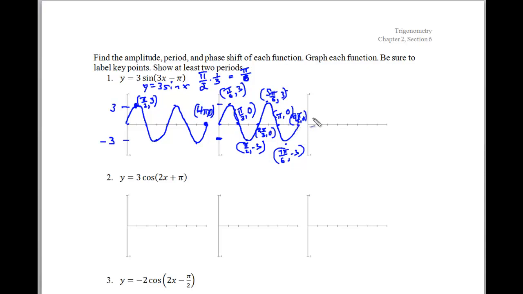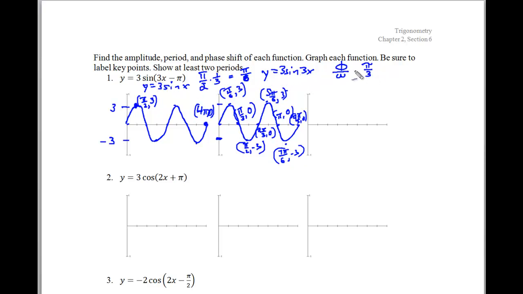But now we will take our third graph here, because this second graph was y equals 3 sine 3x. And now we will apply our phase shift. To apply the phase shift, we have to take our phi and divide it by our omega. Our phi in the problem is pi, and our omega in the problem is 3.